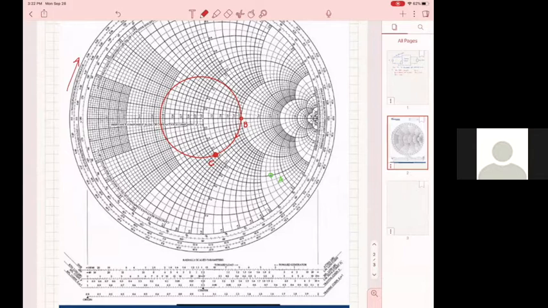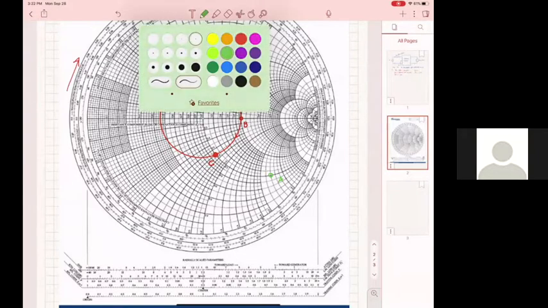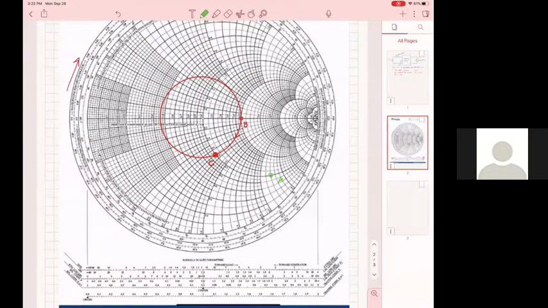And so from B to C, I moved along a transmission line. And now to be able to go from C to A, I have to move along the constant resistance circle like this.